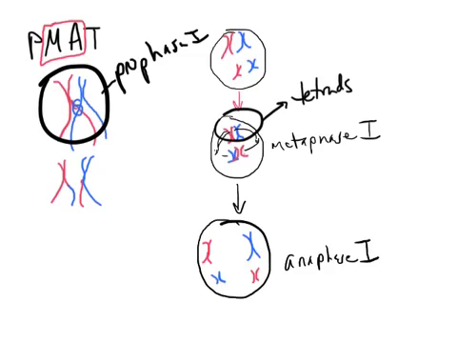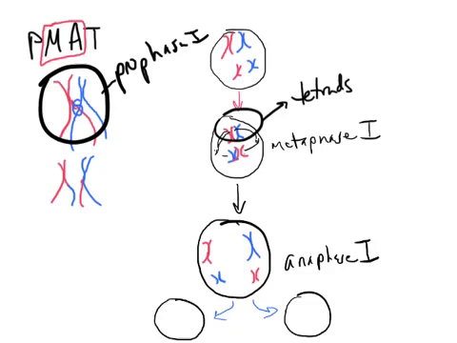So, when telophase happens in cytokinesis, and the cell completes its first meiotic division, the end of meiosis 1, you are going to have two daughter cells with different genetic makeups.